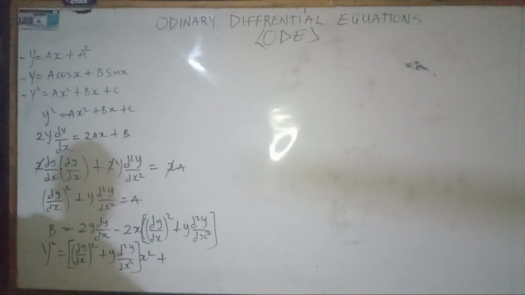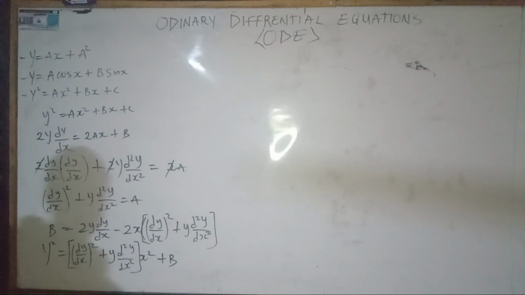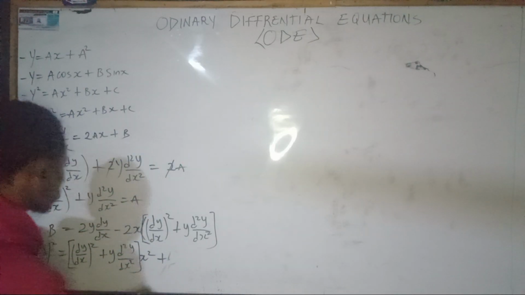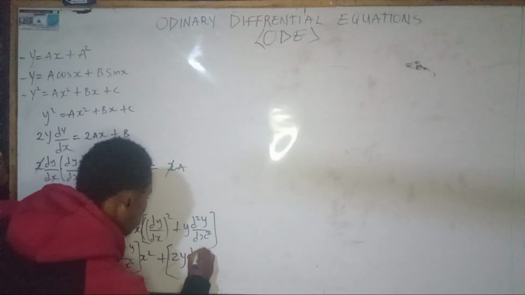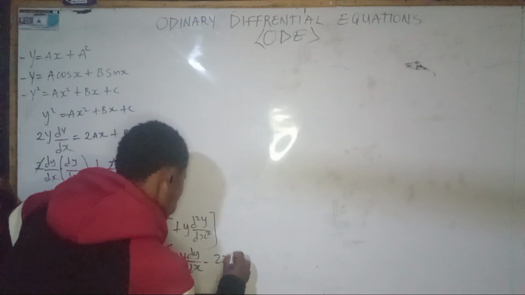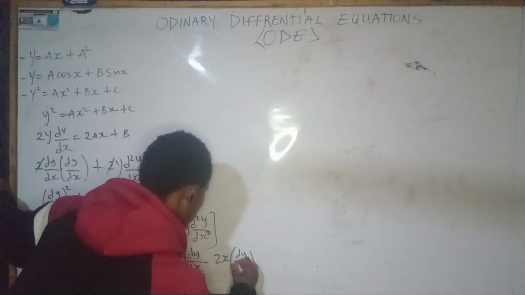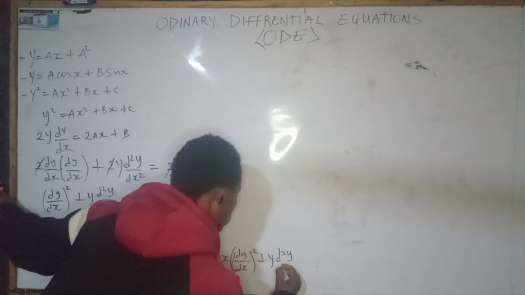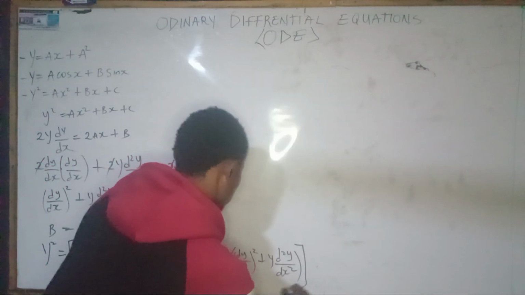Now our b is everything that is here, so we just know that that is 2y dy/dx minus 2x into big brackets here, (dy/dx) all squared plus y d²y/dx², and then we close that bigger bracket.